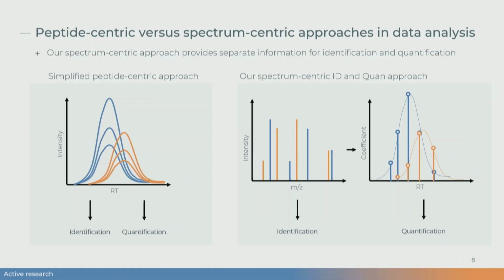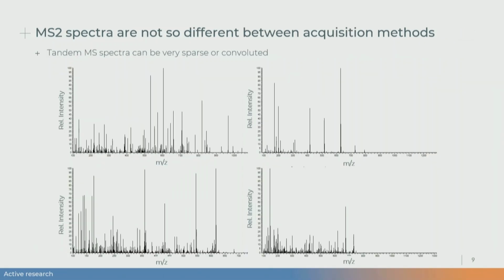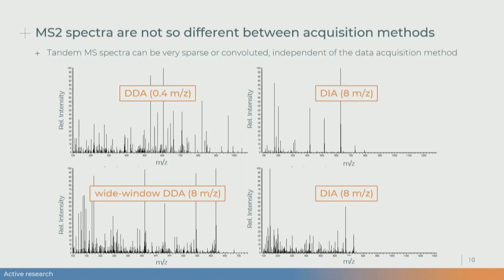And you might think, well, DIA spectra and DDA spectra, they look completely different. Why would you want to do that in the first place? And now I ask you, which of those spectra is a DDA spectrum, and which of those spectra is a DIA spectrum? Anyone care to guess? Bear with me. The very sparse one here at the top right, it's a DIA scan with an 8 m/z isolation window. And the very dense one here up top is actually a DDA scan with a 0.4 Thompson isolation window.